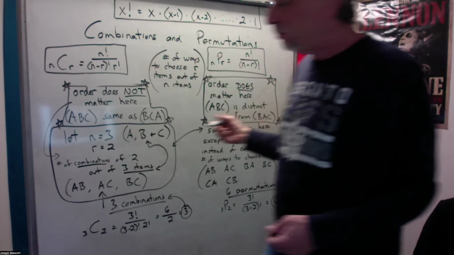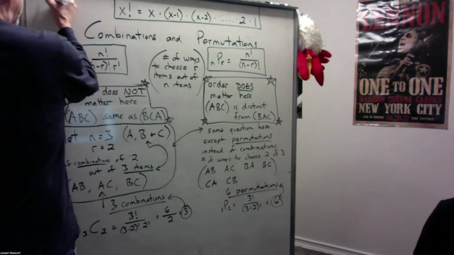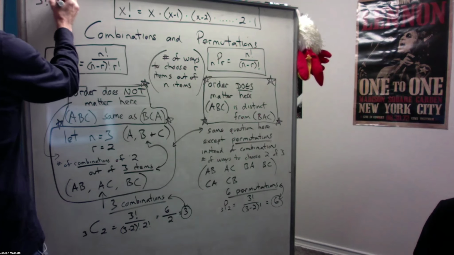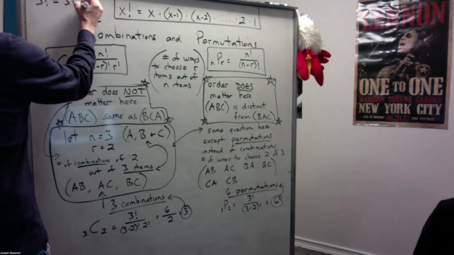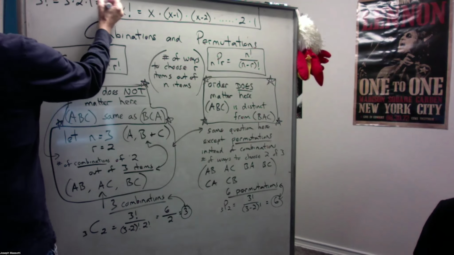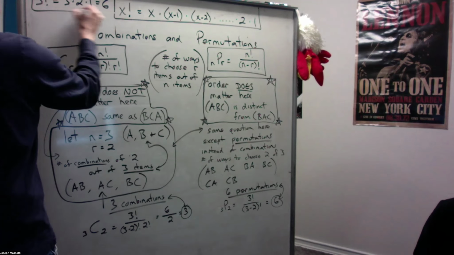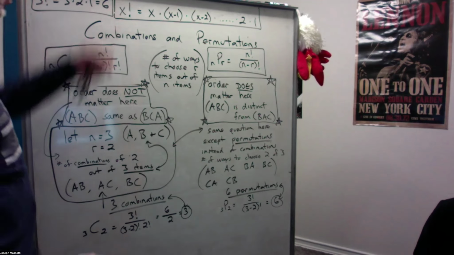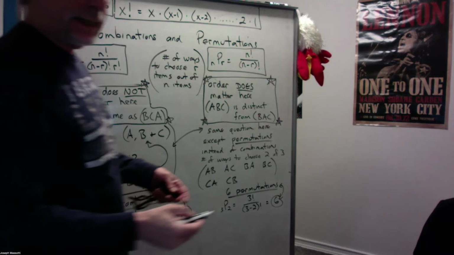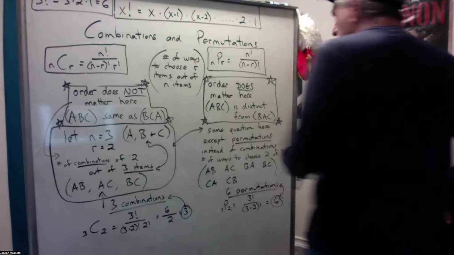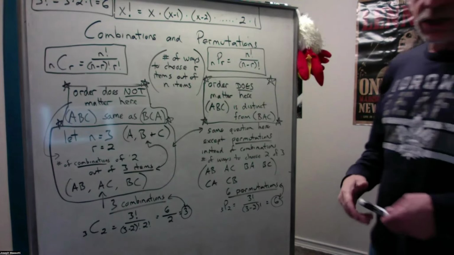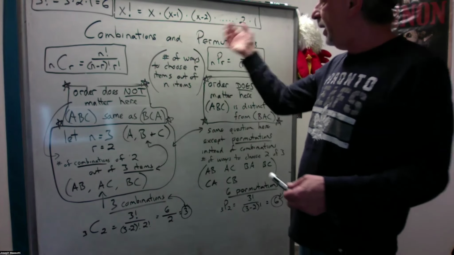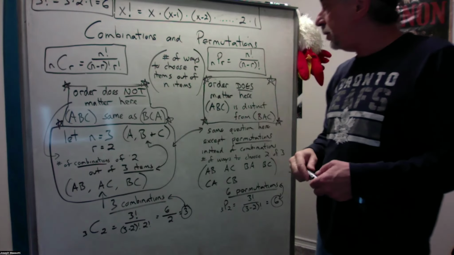So for example, 3 factorial is 3 times 2 times 1, or 6. Okay, so you need to know that symbol, and I'll show you how to find that on the calculator in a couple of minutes when we do these formulas for combinations and permutations.